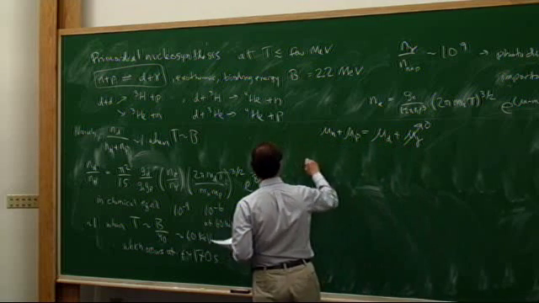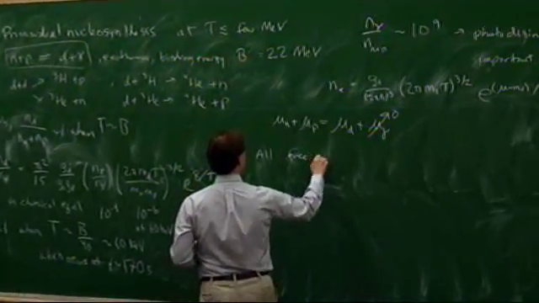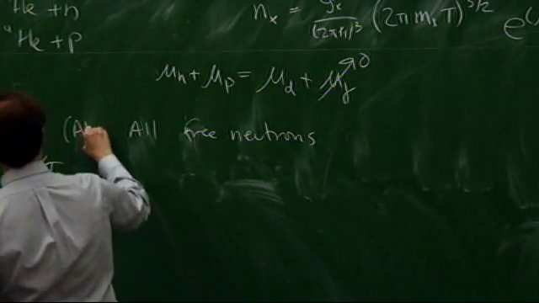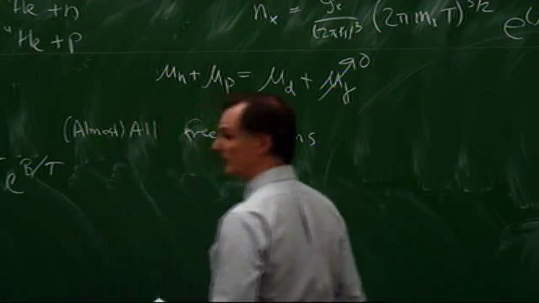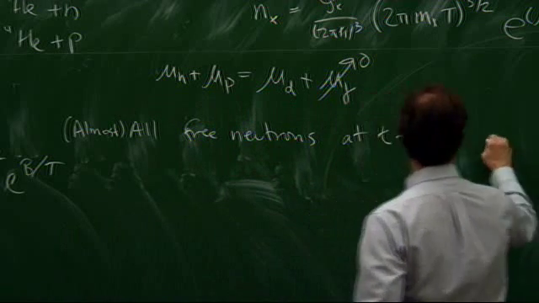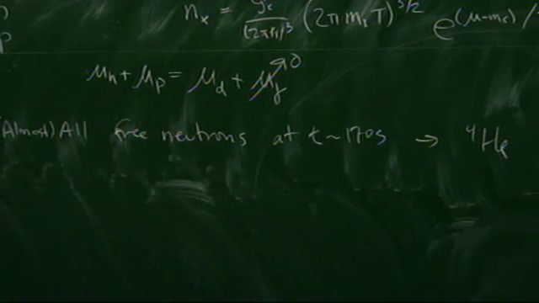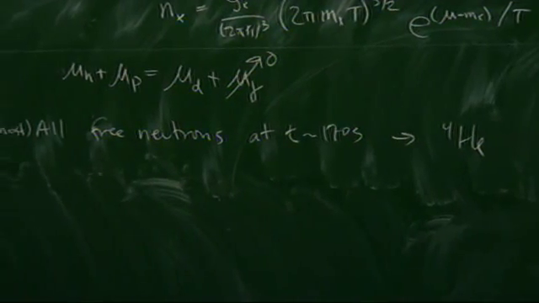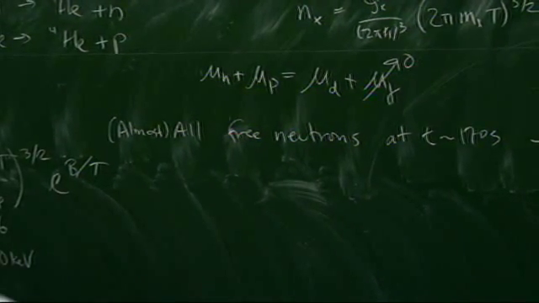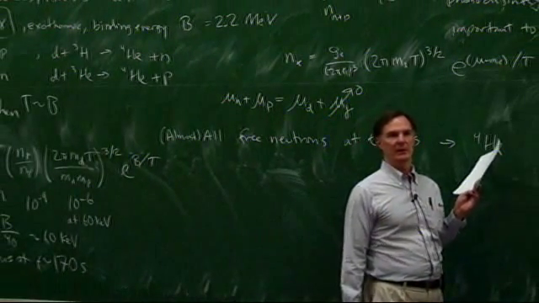So to summarize this, and I should preface by saying almost, all the free neutrons at t of 170 seconds go into helium-4. So you'd think that the universe ought to be almost entirely helium-4 if this was very efficient, or if it was very inefficient, it should be mostly just hydrogen.